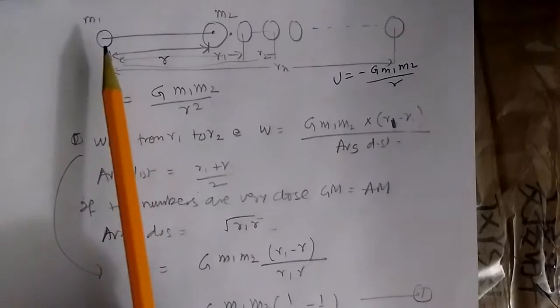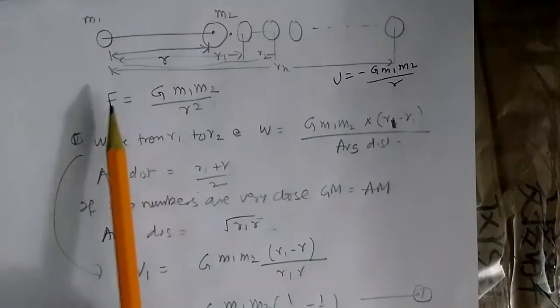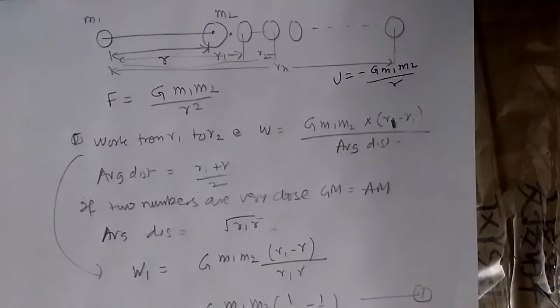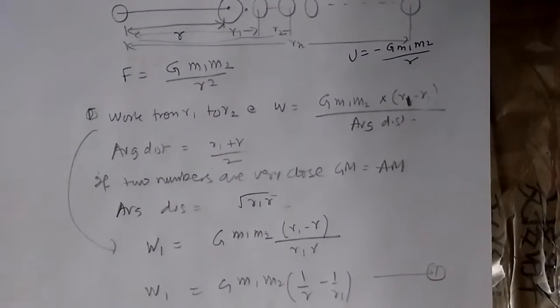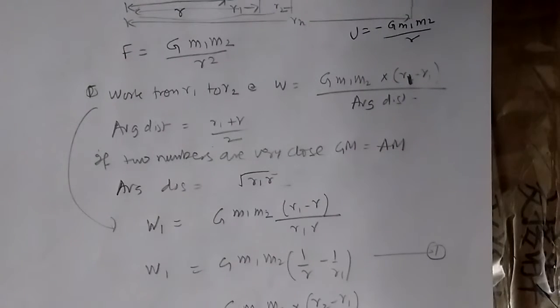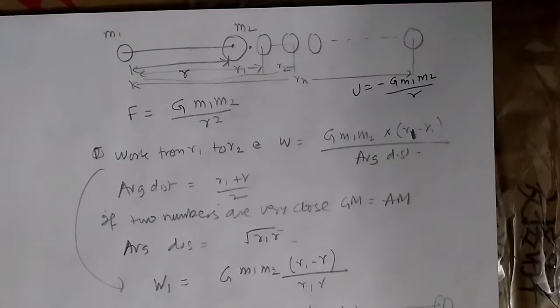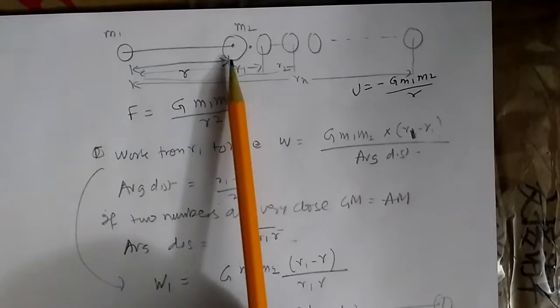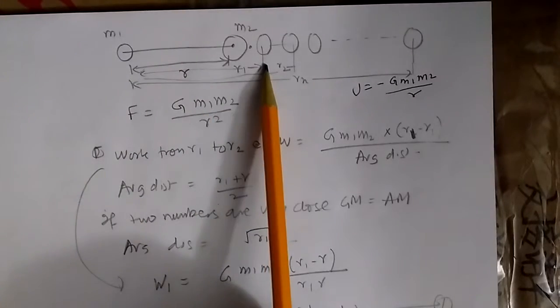So the force between these two point masses is given by F equal to G m1 m2 divided by r square. Let's say we take this mass from this position, which is at a distance of r, to a very small distance, to a distance of r1 from this point.